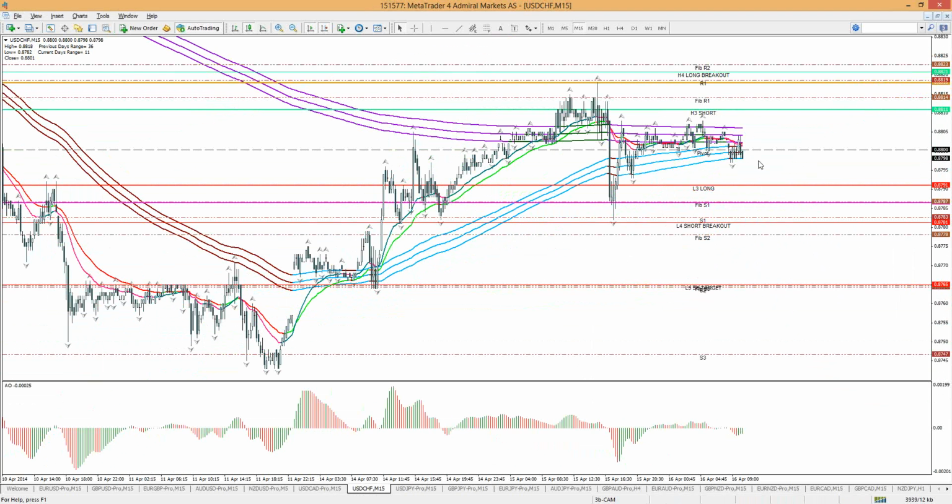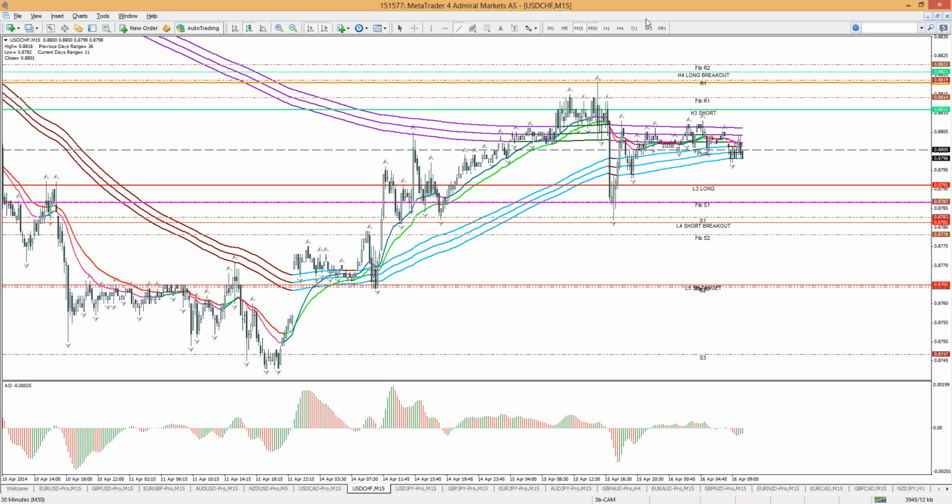Does look bearish though. The same structure in the sense that we have weekly and monthly pivots here as resistance. And we bounced off that yesterday. We also broke a rising wedge on the dollar Swissy. What kind of rising wedge? Let's take a look.